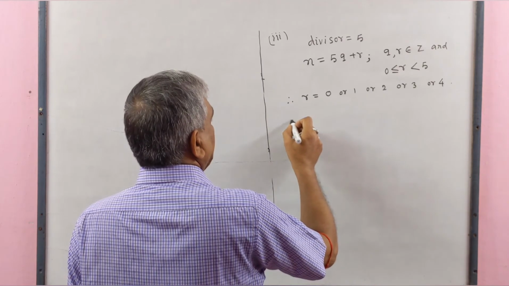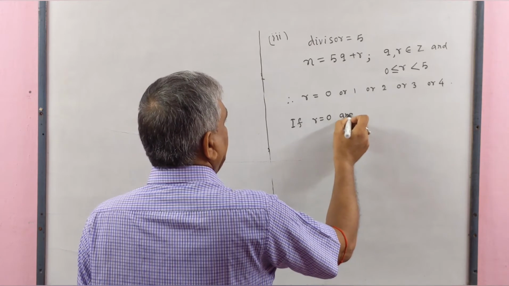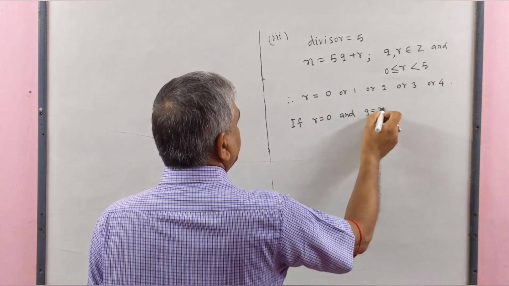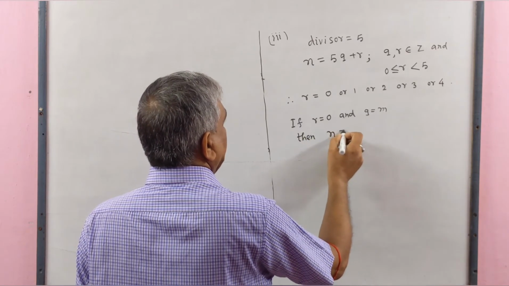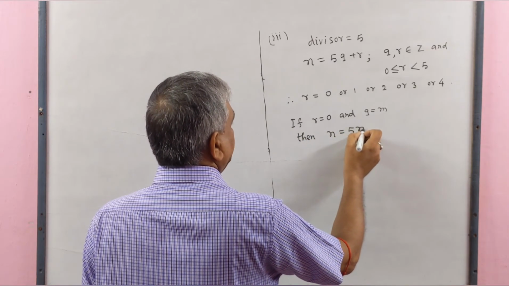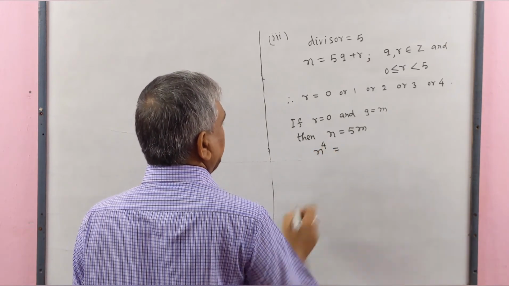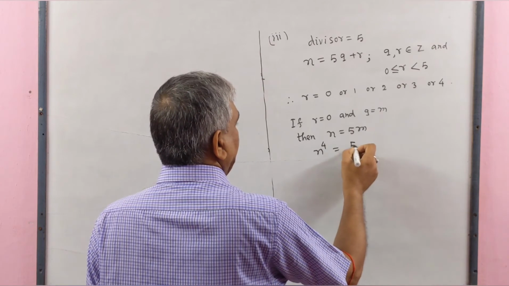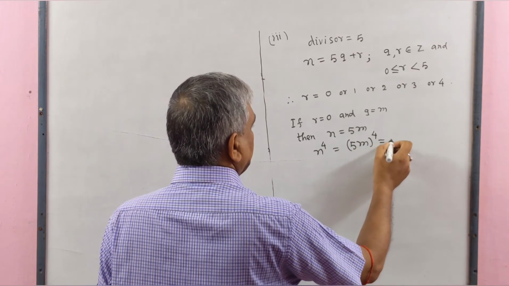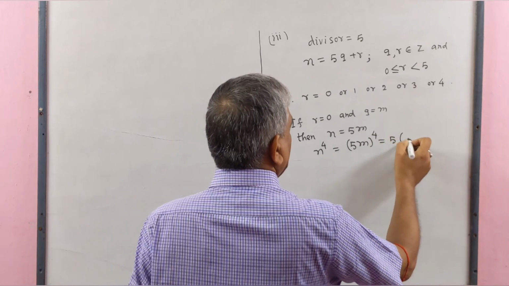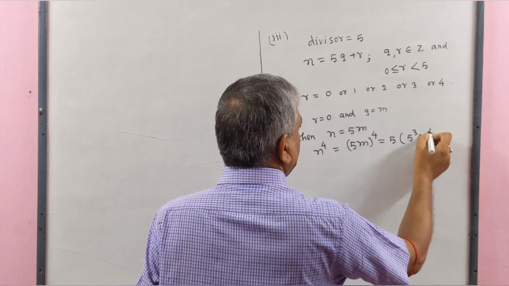If r equals 0 and q equals m, then n equals 5m. n to the power 4 equals 5m whole to the power 4, which equals 5 cube times m to the power 4.